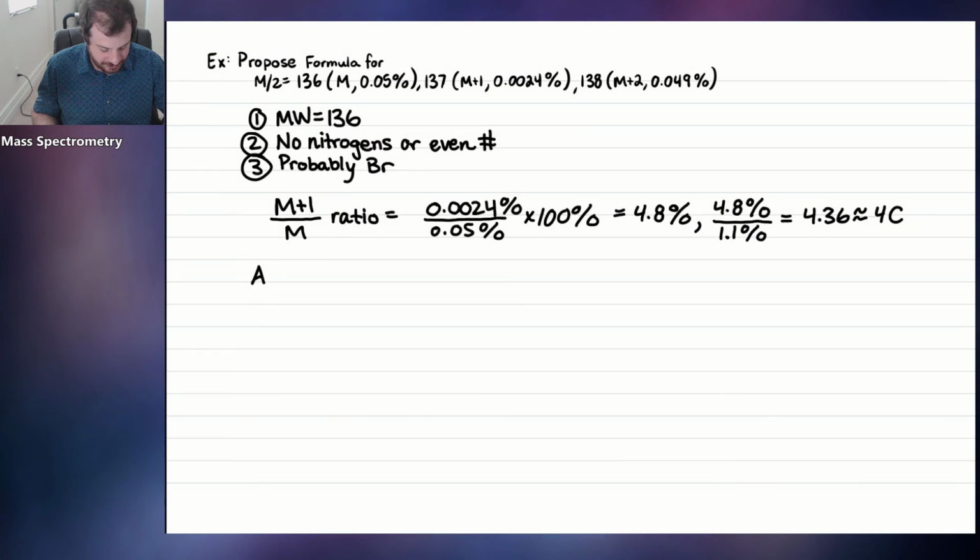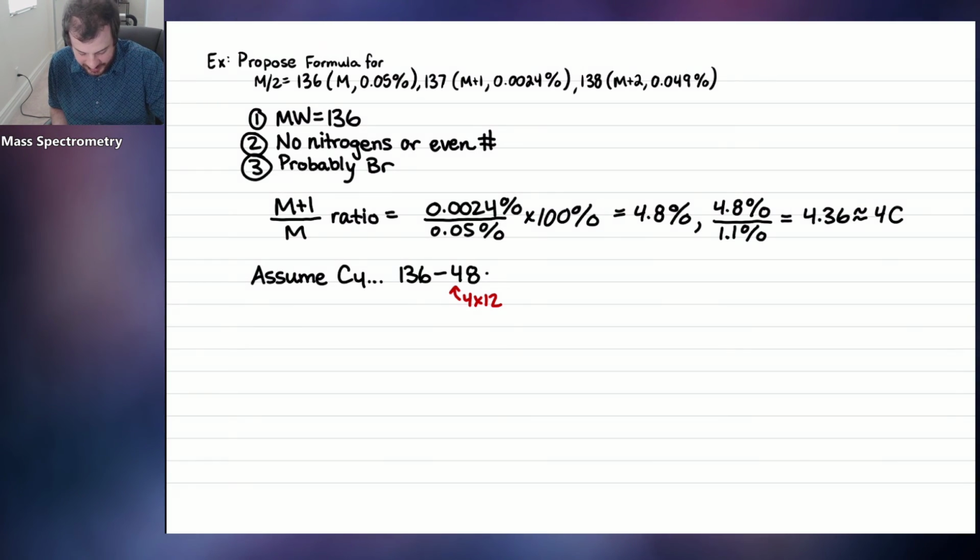So let's assume C4 and see if we can figure out the molecular formula. So if we have C4, that would be 136 minus 4 times 12, which is 48. So this is 4 times 12, which is the mass of carbon. And we also think there's a bromine, so minus 79 for the bromine.